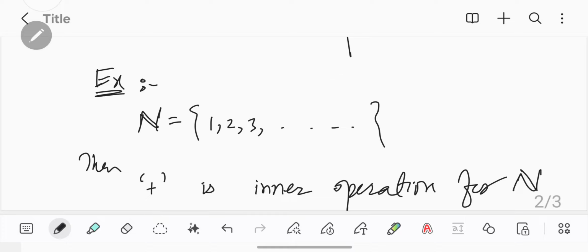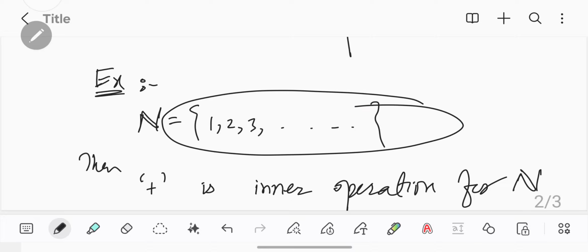For example, if you add 100 and 200, you will get 300. If 100 is here, 200 is here, 300 will be here.